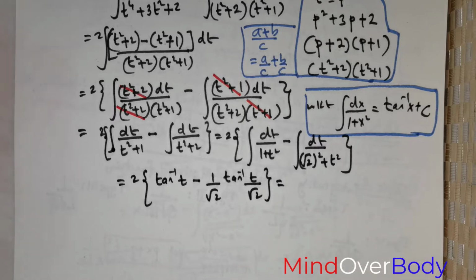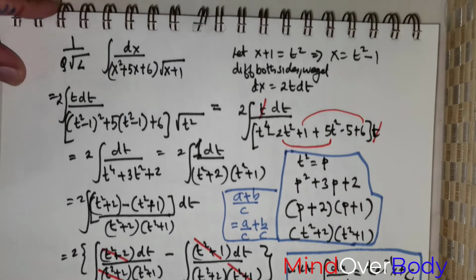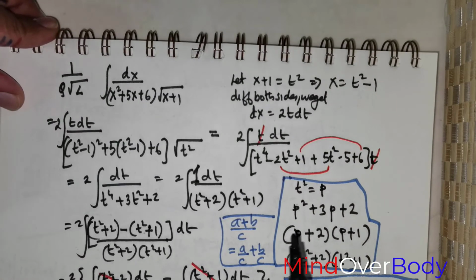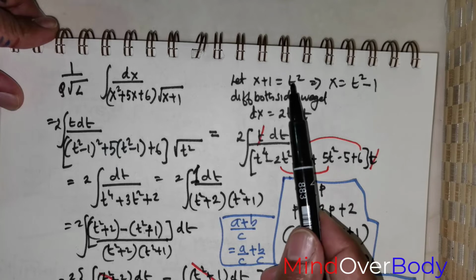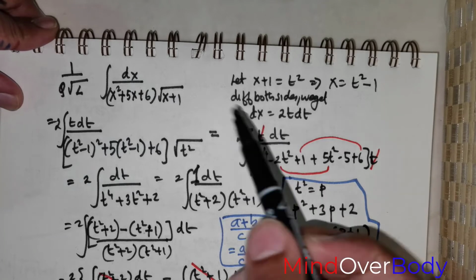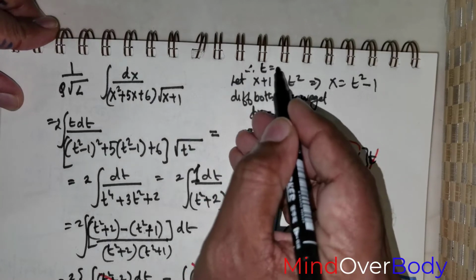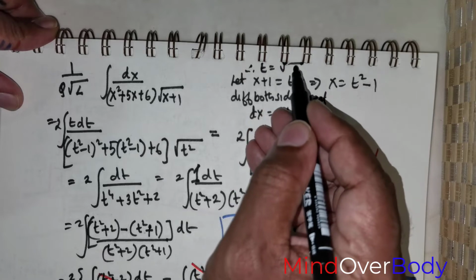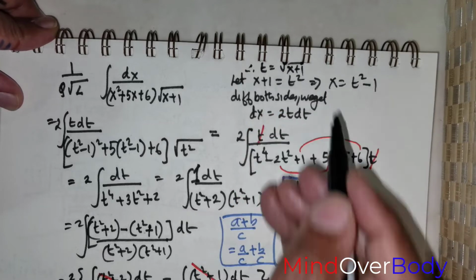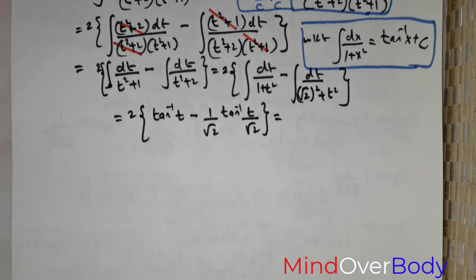I want to revert t to x squared, or to the x variable. So t squared is this. So my t would be, so from here t would be root of x positive 1, right? So that's exactly what we need to do.